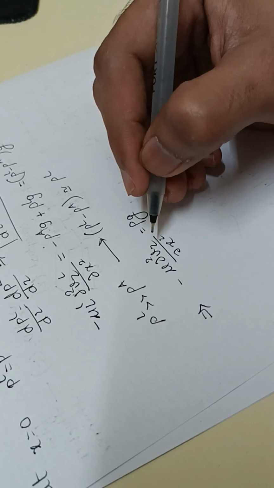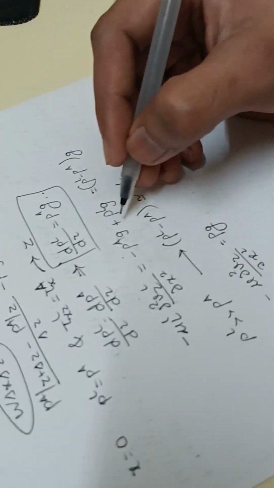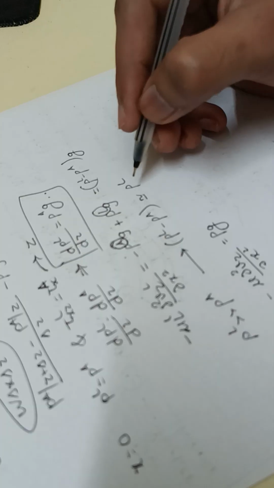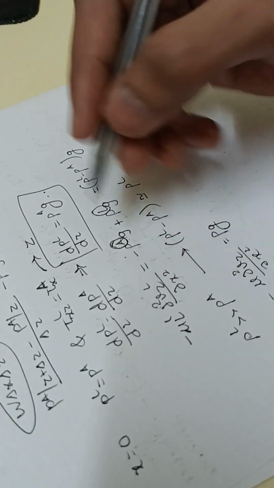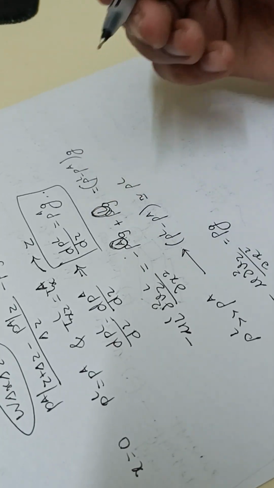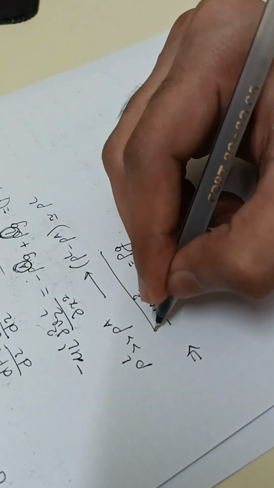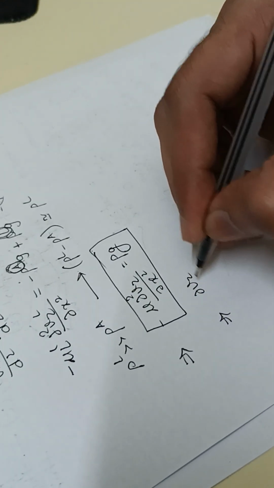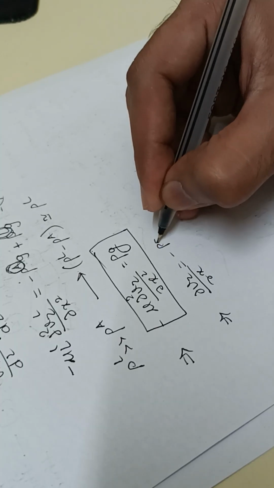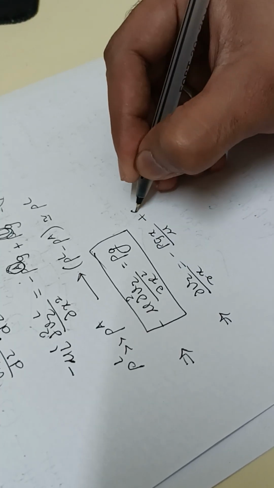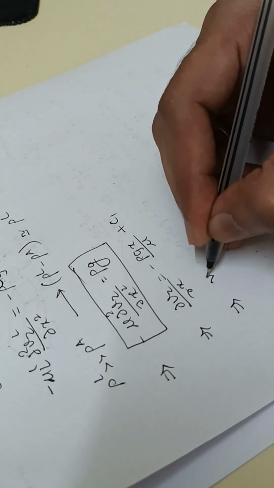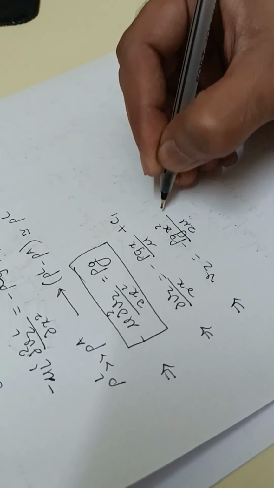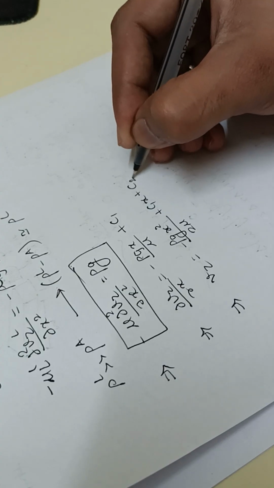We dropped the subscripts because there was no term of air left, only liquid was left. We get this equation finally. Integrating this equation once, we get dVz by dx equal to minus rho g x upon mu plus c1. Integrating it once more, Vz is equal to minus rho g x square by 2 mu plus c1 x plus c2.